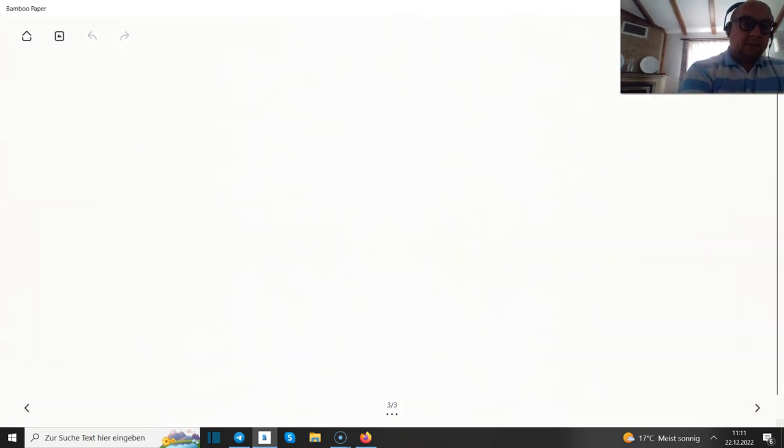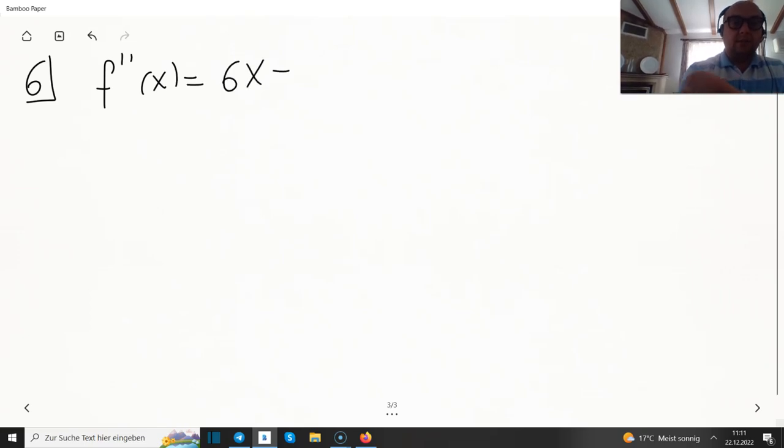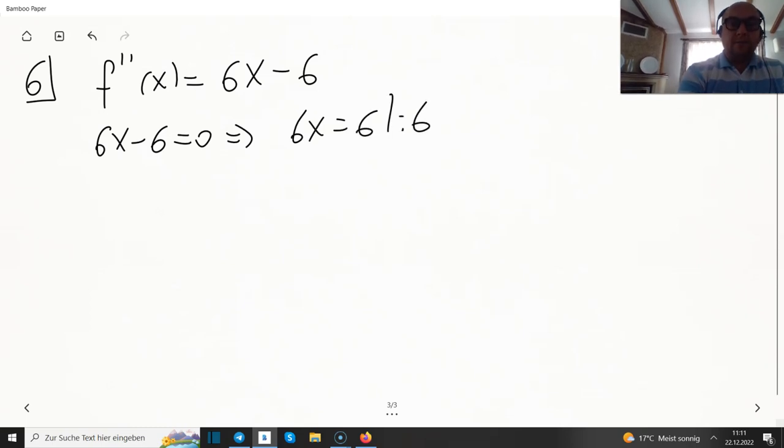And number 6, this is the point of inflection. For this we need the second derivative, which was 6x minus 6. We put it equal to 0. We're going to get 6x equals 6. We divide by 6. x is equal to 1. And in order to be totally correct, we produce a third derivative as well.